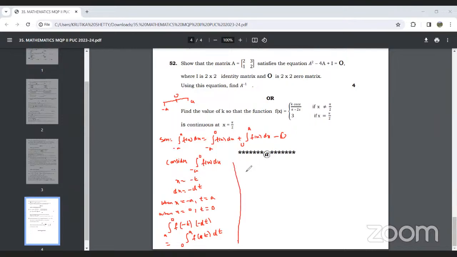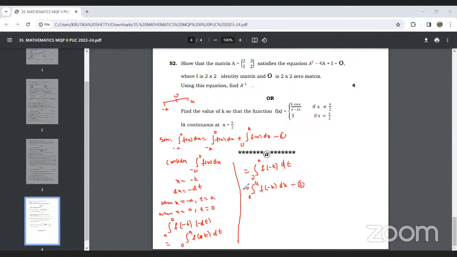Next, by using change of variable, that is the first property, we can write it as the integral from 0 to a of f of minus x dx, and this I'll consider as equation 2.